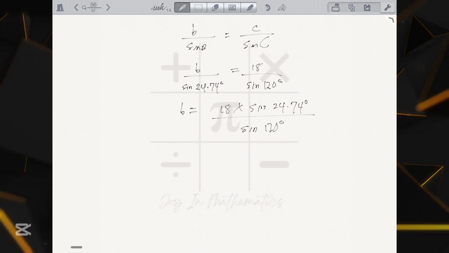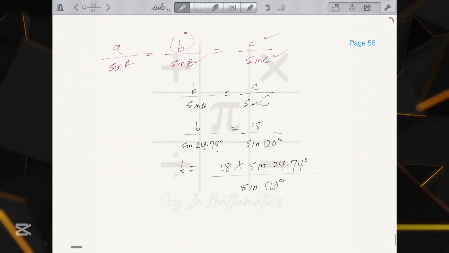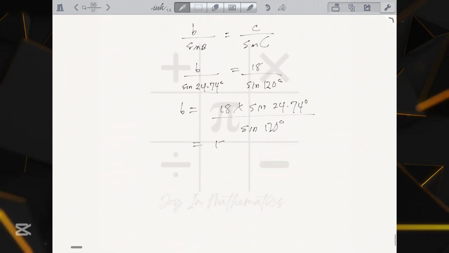Now, if we apply the principle that we applied in the last lesson video, we can see that sine 120 degrees equals sine of 180 minus 120 degrees. So doing that, we'll have b to give us 18 multiplied by sine 24.74 degrees divided by sine of 180 minus 120 degrees, and this is simply 60 degrees. So we can just write sine 60 degrees.